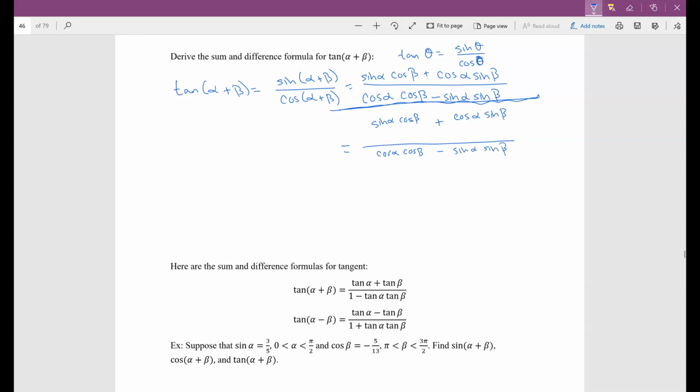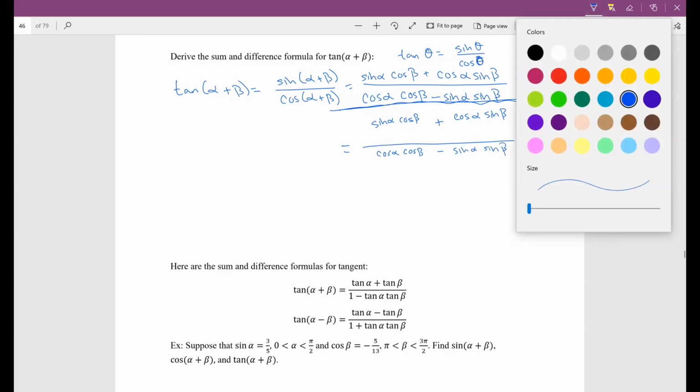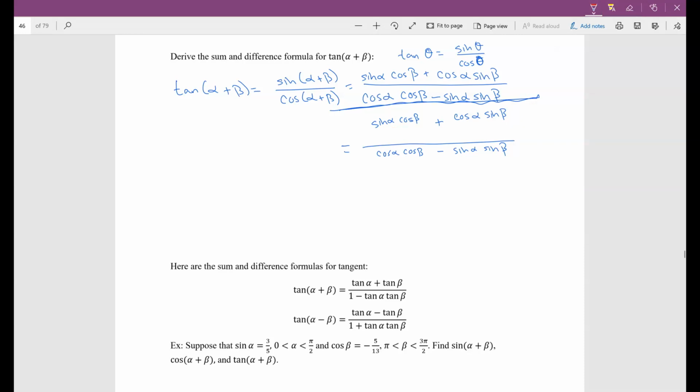And basically, I'm going to divide everything by cosine alpha cosine beta. This guy is also going to be divided by cosine alpha cosine beta, and this guy is also going to be divided by cosine alpha cosine beta.